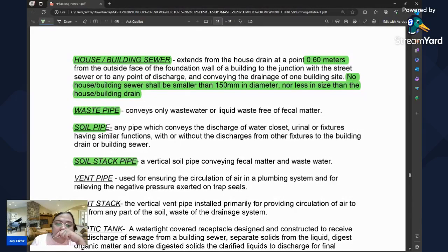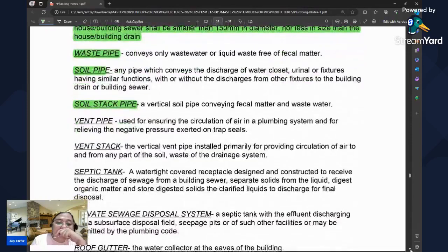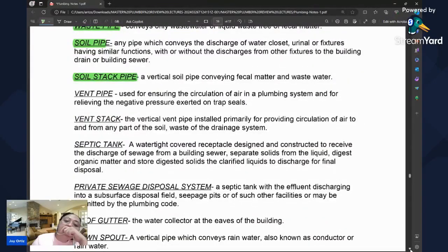Soil stack pipe: a vertical soil pipe conveying fecal matter and wastewater. So when fecal matter and wastewater are mixed, that's a soil stack pipe.